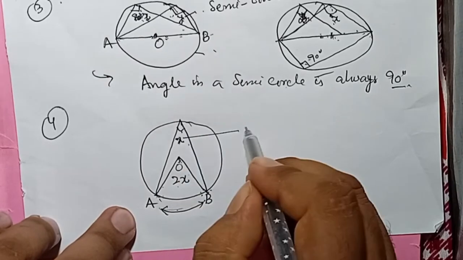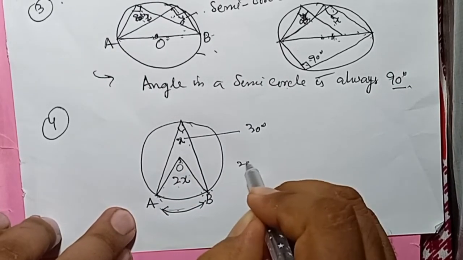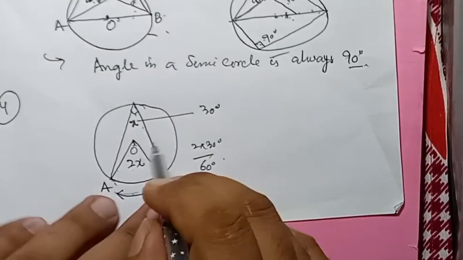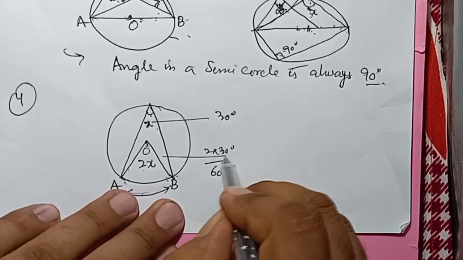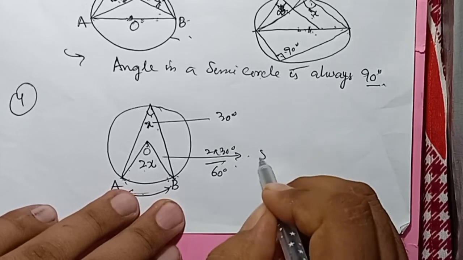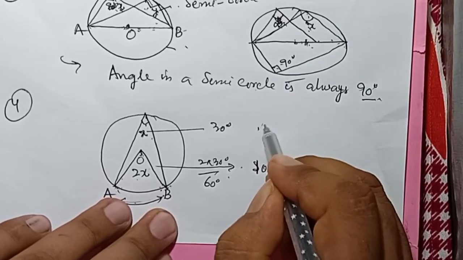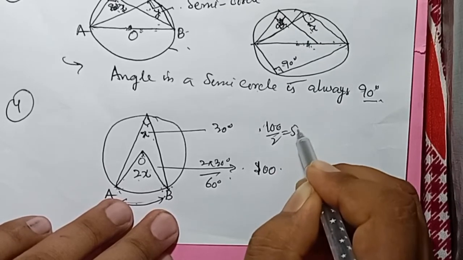For example, if this is 30 degrees, this will be 2 into 30, that is 60 degrees. If the angle at the center is 100 degrees, the angle at the circumference will be half of 100, that's 50 degrees.